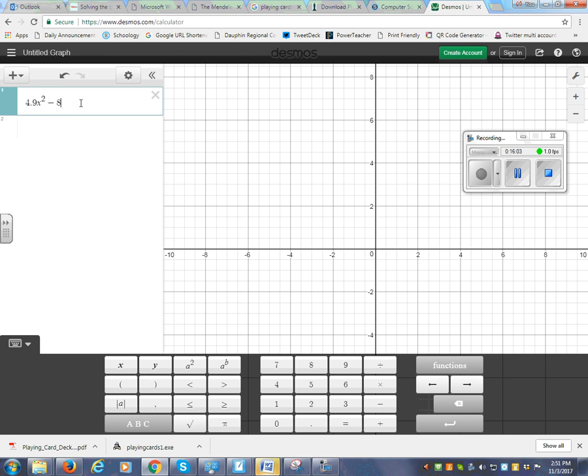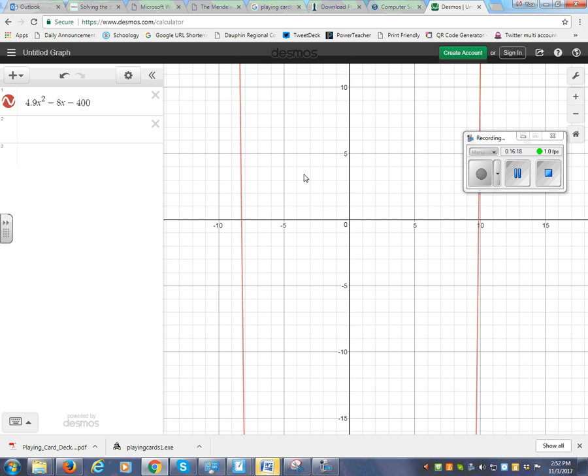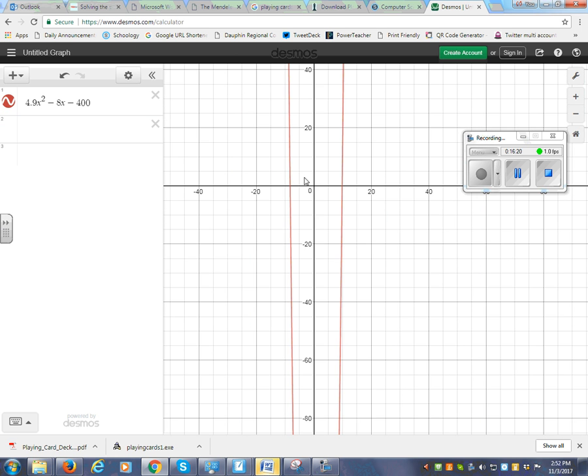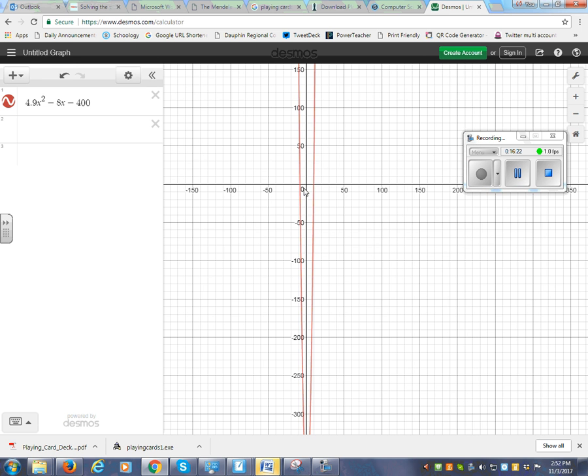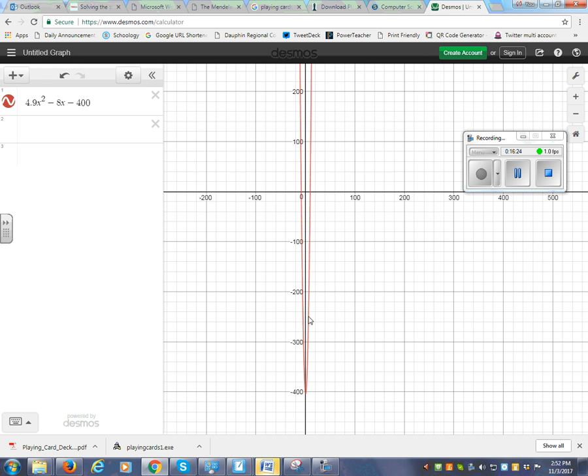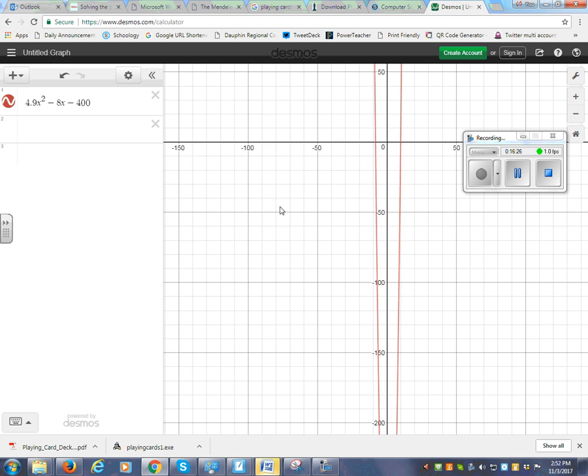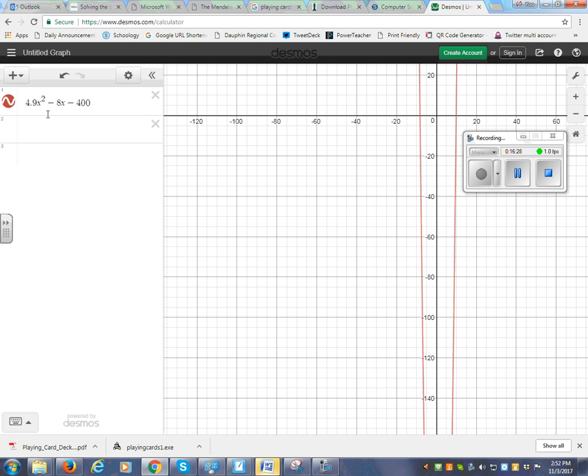Minus 400. Well, we just graphed it. Just gotta zoom out, see the parabola. There's the parabola. It's upside down. Very skinny parabola.